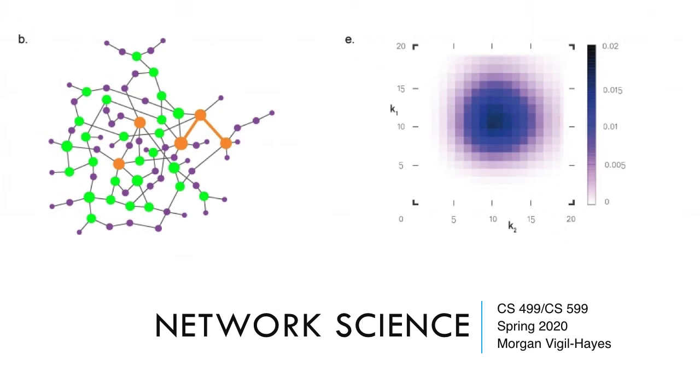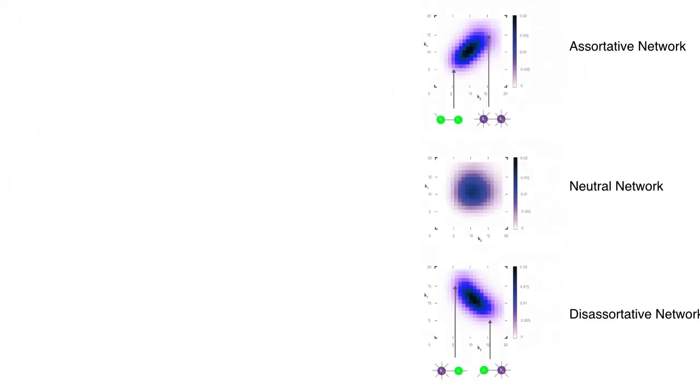So in the previous video, we talked about using a matrix as a way to start discerning whether or not a network belonged to the assortative, neutral, or disassortative network classes.